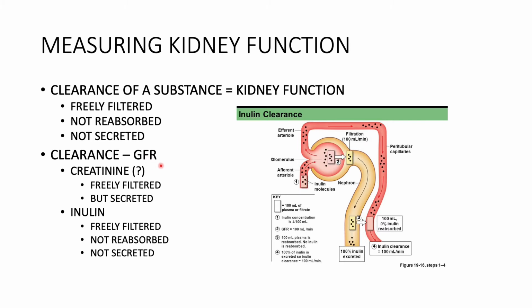Now, what are the substances used? First, creatinine. It is the most commonly used marker for kidney function. But what's the problem with creatinine? It's very dependent on muscle mass, because creatinine is produced in the muscle, as a byproduct of muscle degradation.